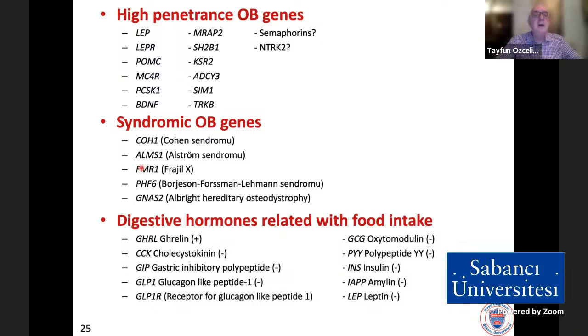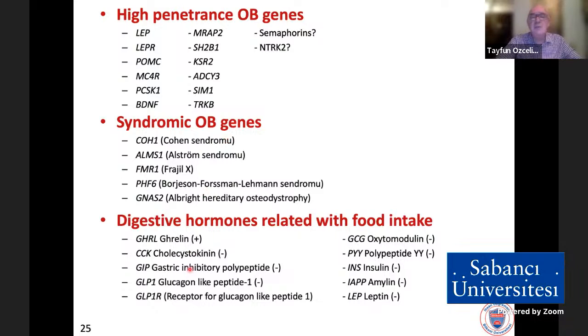And then with some other mutations of the same gene, in a different domain of that gene, the syndromic features may be less pronounced and obesity becomes the cardinal feature. Of course, all of these syndromes are in fact also in their syndromic form associated with obesity.